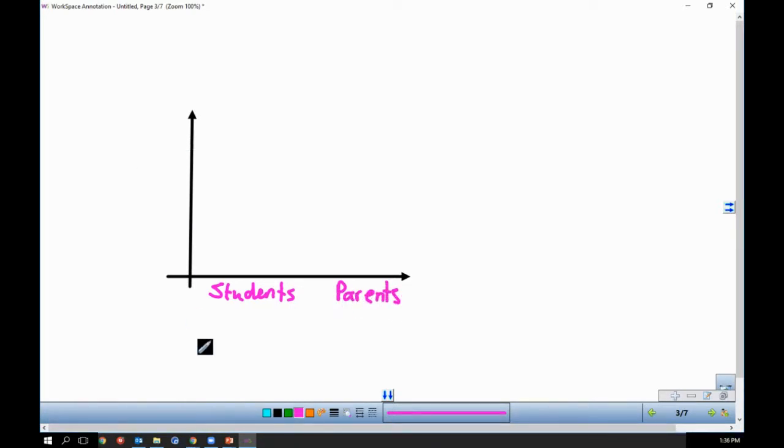And then we're going to have to go all the way up to 1. So I'm going to try to draw these as evenly spaced as possible.